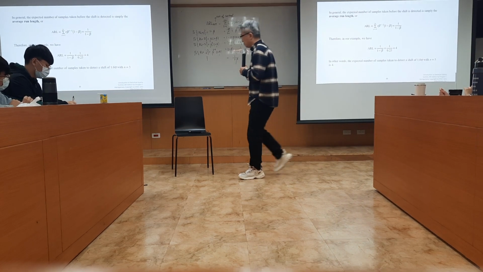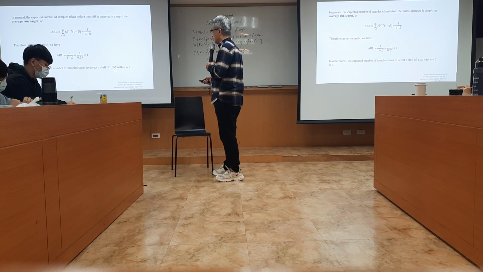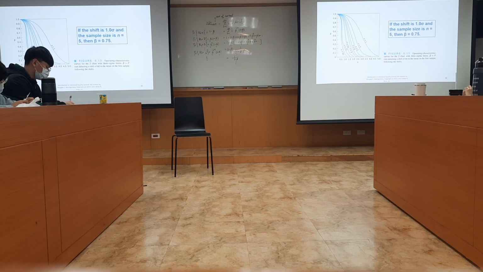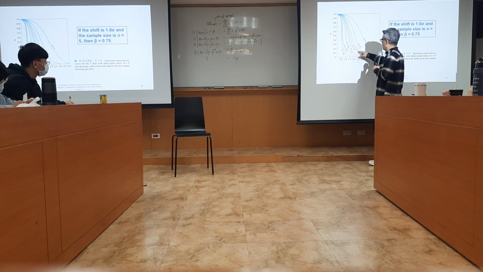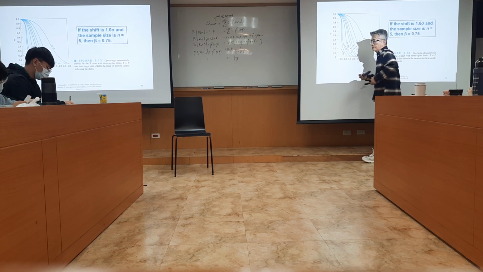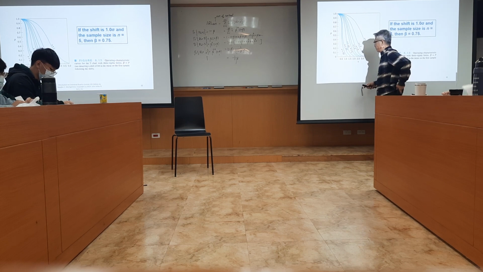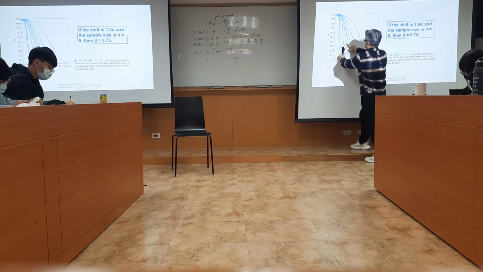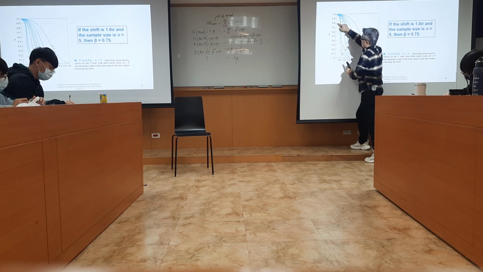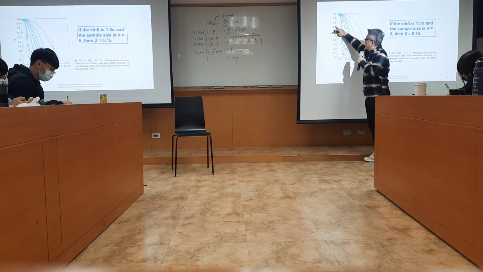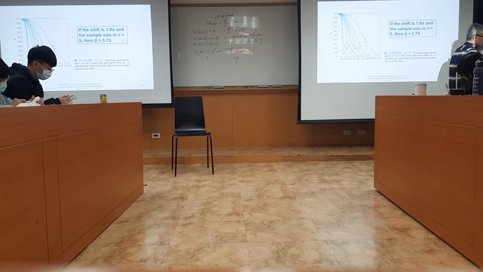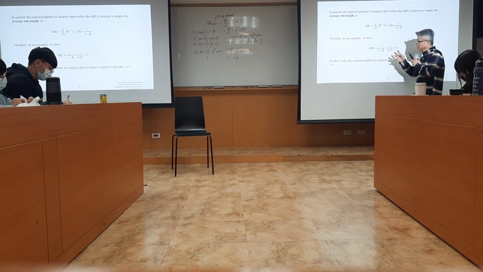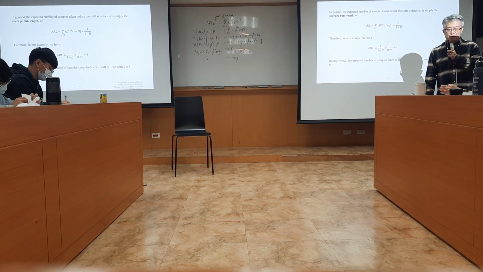If you look at this graph, n equal to 5 and delta equal to 1.0. If you check the graph, n equal to 5, delta 1.0, the beta is about 0.75 or 0.8, so 1 minus beta is about 0.25, and the average is 4.